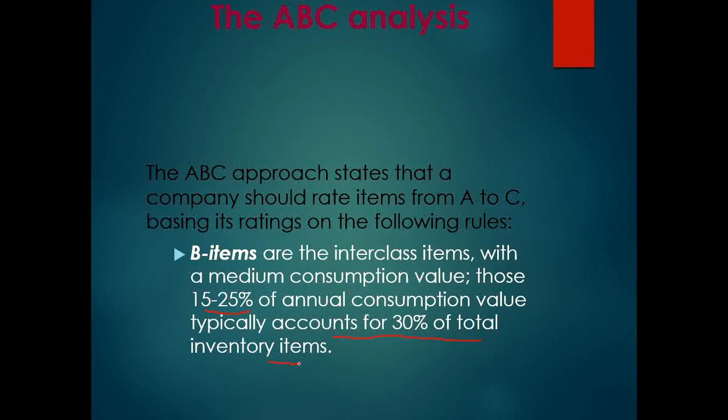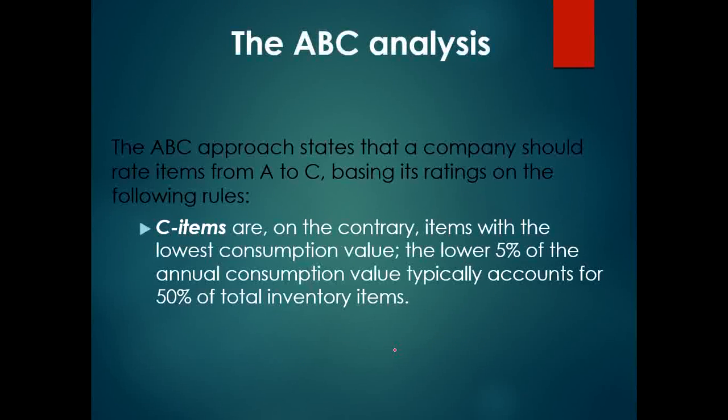So the B category items will be 30% of the inventory items. Similarly, if I go for C category, C items are those which have an annual consumption of only 5% of the annual consumption value, or only 5% money is required for the year for C items.